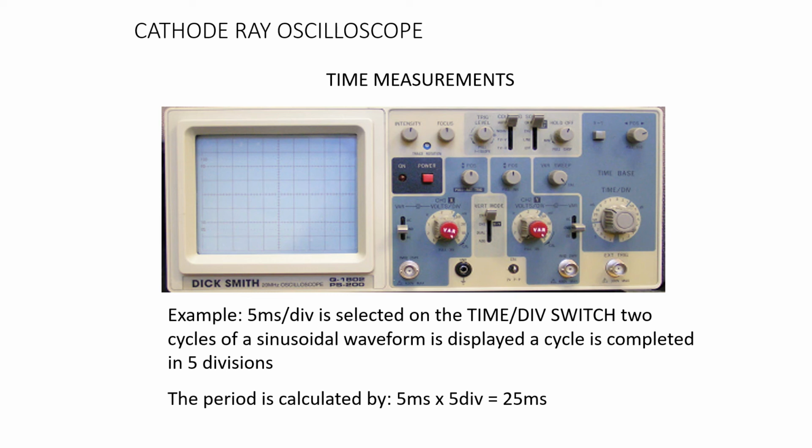So here, to get a stationary waveform, the time per division control can be adjusted so that the signal to be measured, which is connected to the CRO, and the frequency of the time-base signal are multiples of each other.